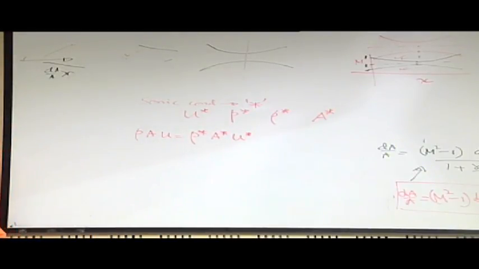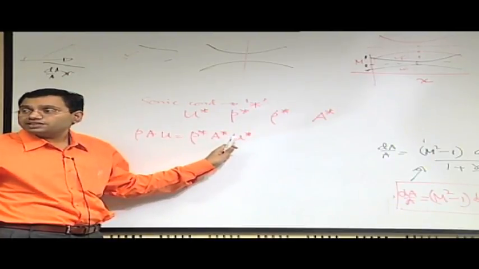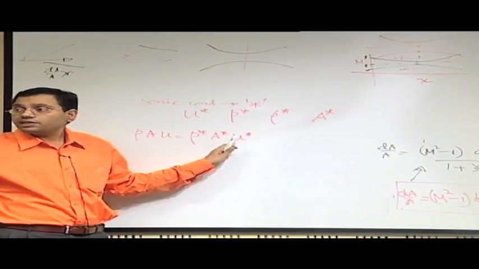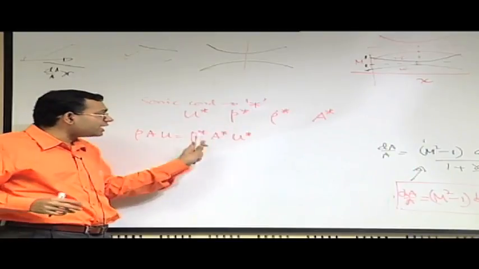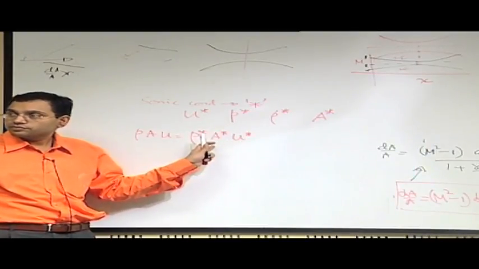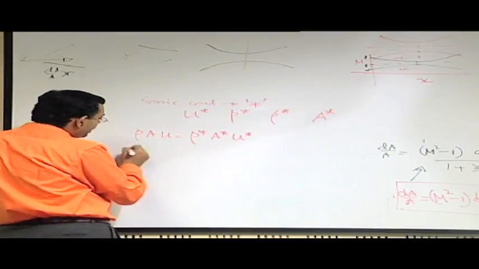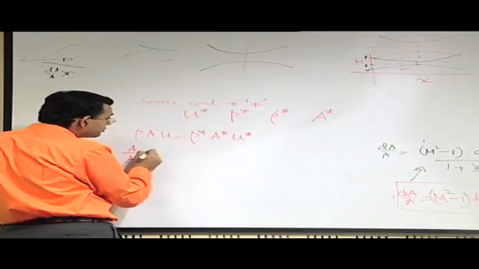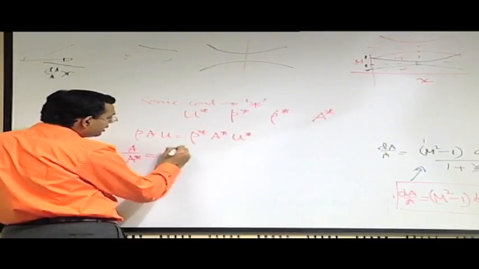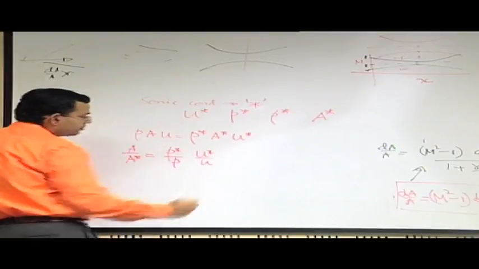Okay. So this is a hypothetical condition. If the sonic state is achieved, it may be achieved in reality, may not be achieved in reality, but if it were achieved then still it should satisfy the mass conservation. Okay. So you may write A by A star as rho star by rho into U star by U.